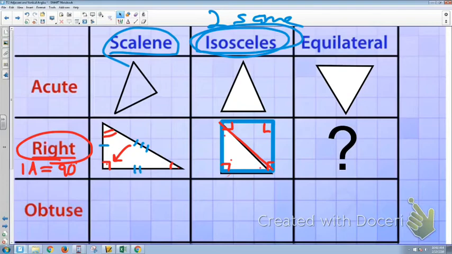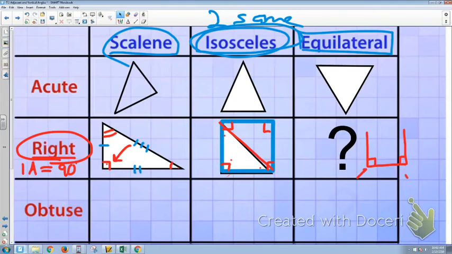Now, we get to the final one under right, and you might be thinking, well, what does a right equilateral triangle look like? The important thing to remember is equilateral triangles are triangles whose side lengths and angles are all equal to one another. So if you were to try to draw a right triangle that's also equilateral, its angles would have to be the same.